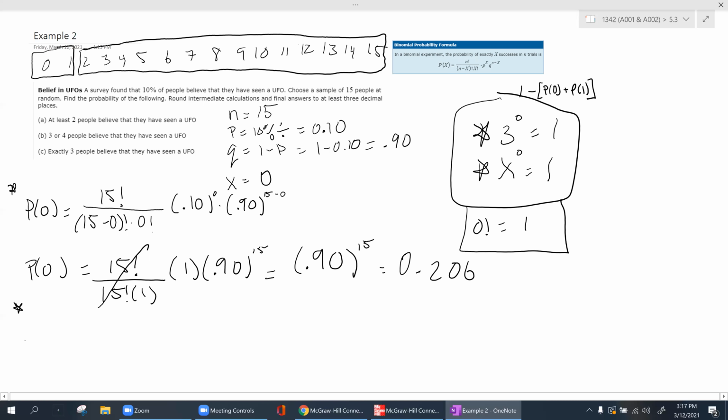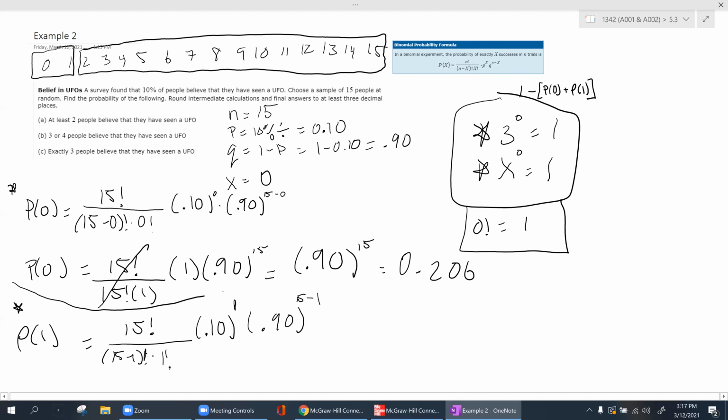Now let's find it for the probability of 1 success. This is again 15 factorial over 15 minus 1 factorial times 1 factorial, times 0.10 raised to the x, my x equals 1, times 0.90 raised to n minus x, which is 15 minus x, when x equals 1.